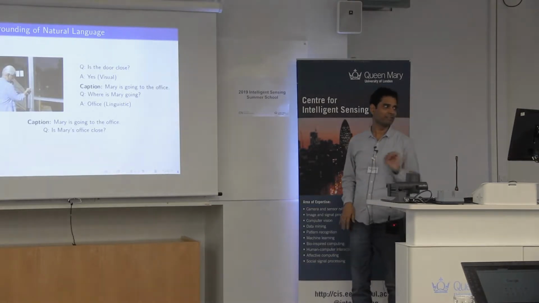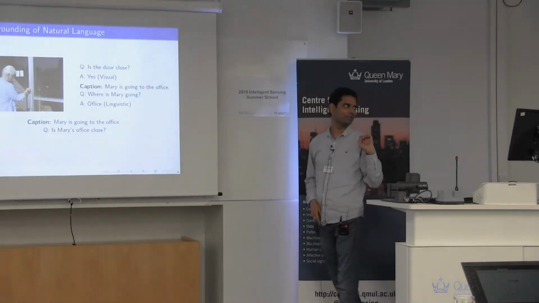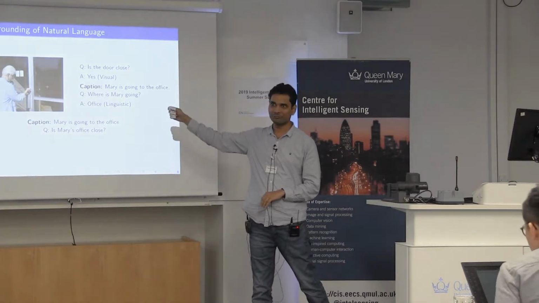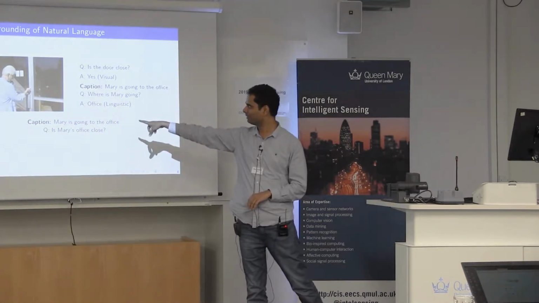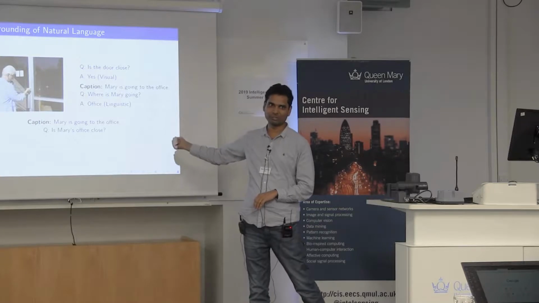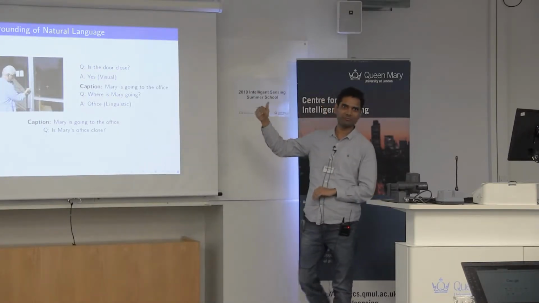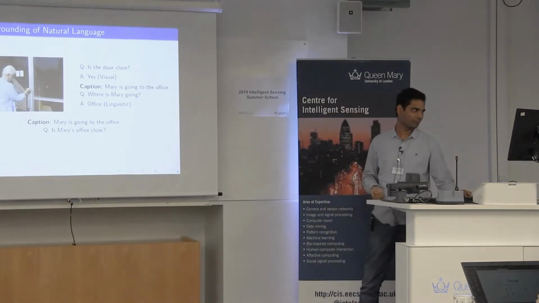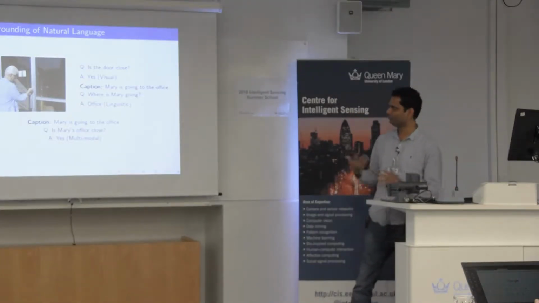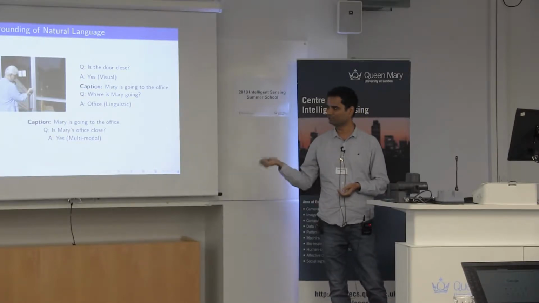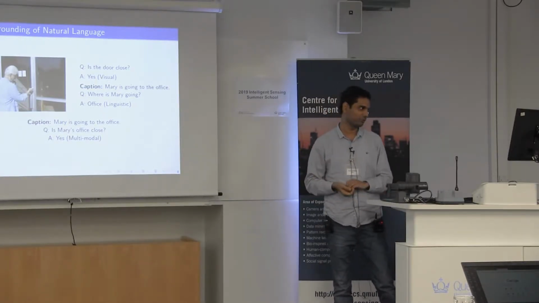But if I ask, is Mary's office closed? If you don't have the language, that Mary is going to the office, you can't answer this. Or if you don't have the image, you can't answer this. So you basically need both modalities: you need the image and the caption to answer this question.